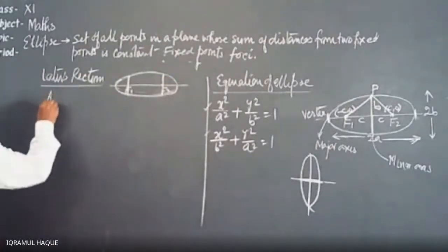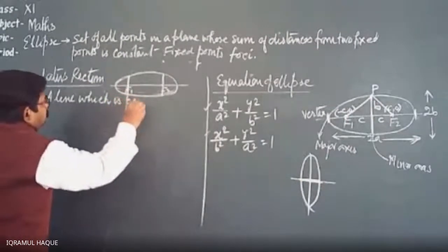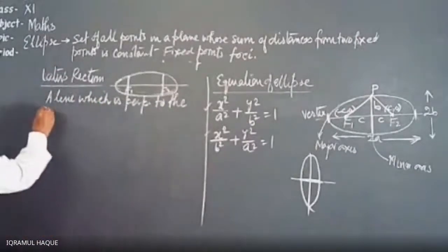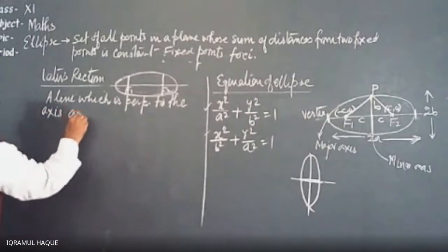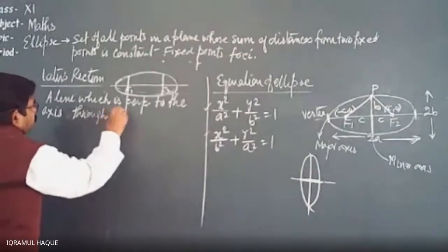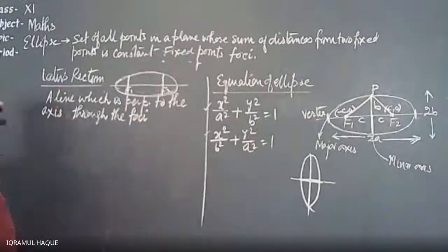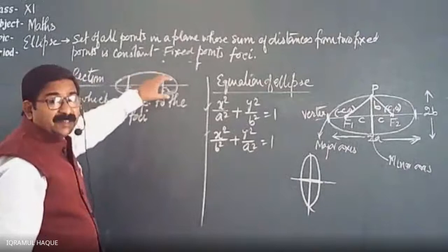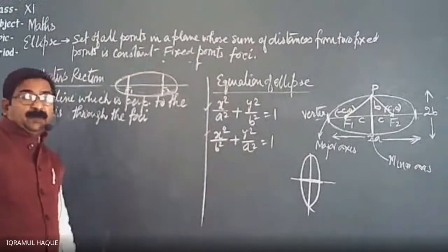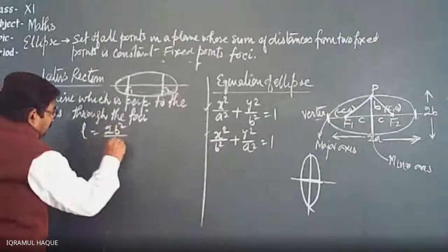Any line which is perpendicular to the axis, intersecting the curve at 2 points and passing through the focus, is called latus rectum, and its value is L is equal to 2b square upon a.